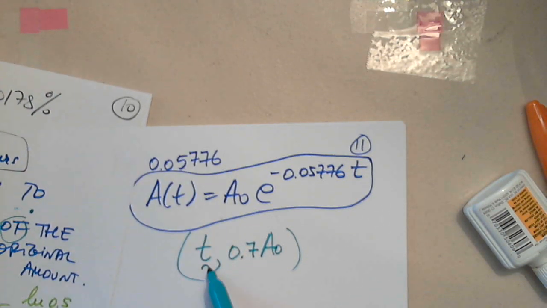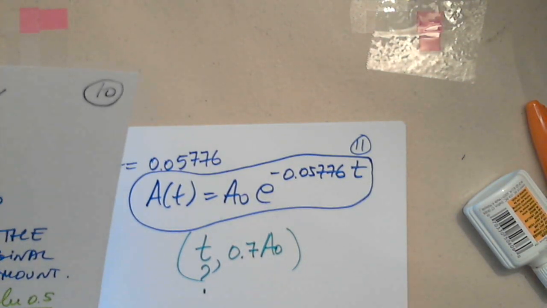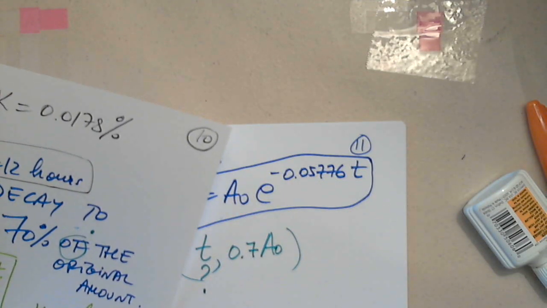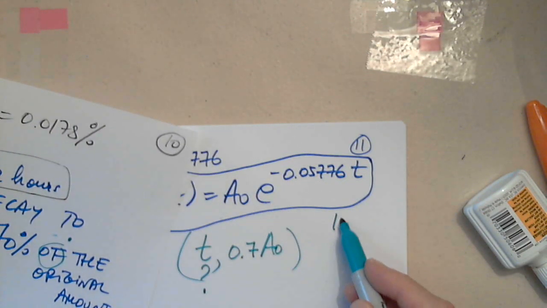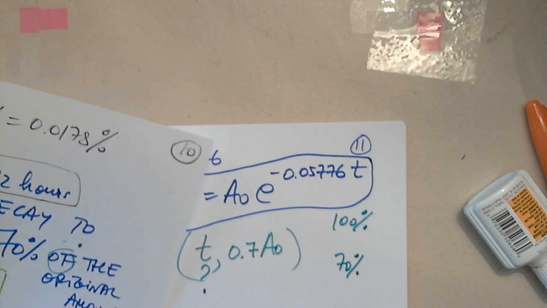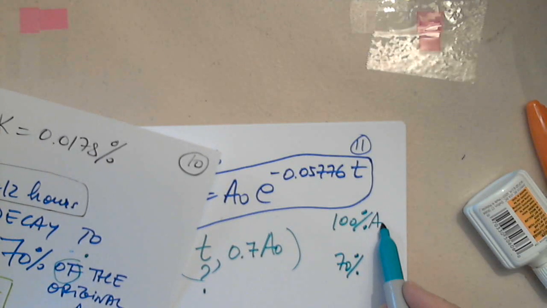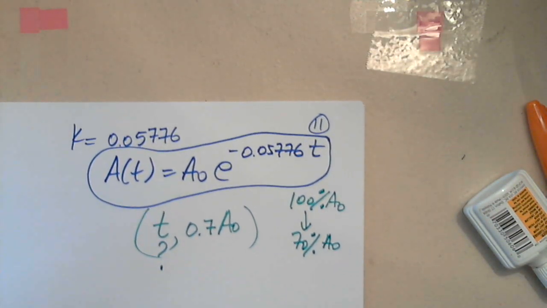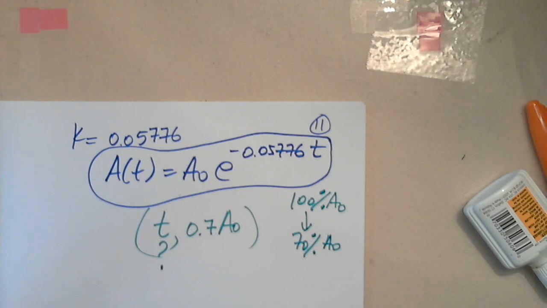So we do not have the time required to pass so that we get from 100% of a0 down to 70% of a0. We don't know the time. This is again the same kind of point.